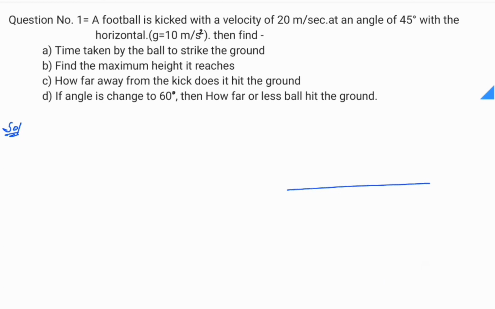This is the point O. From here, a football is kicked at an angle of 45 degrees, and the initial velocity is 20 meters per second. In the course it is given that we need to use g as 10 meters per second square. We know the actual value of g is 9.8, no? But by default we are going to use 10 meters per second square. This much is given in the question.